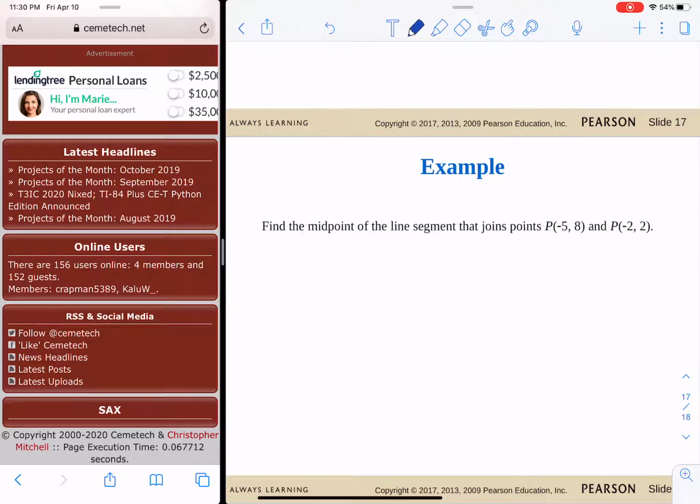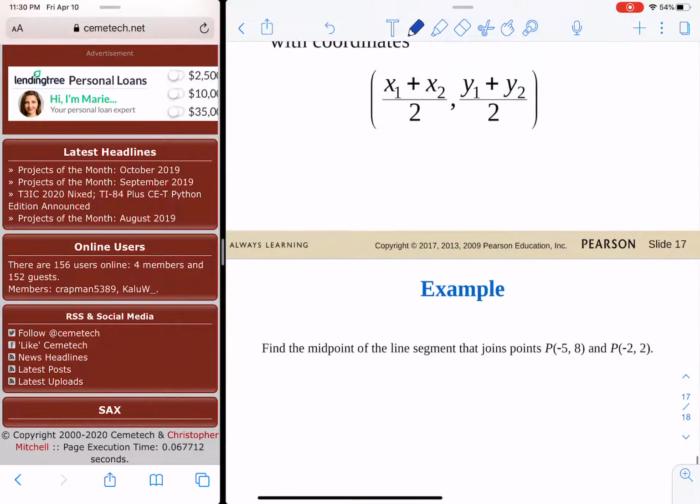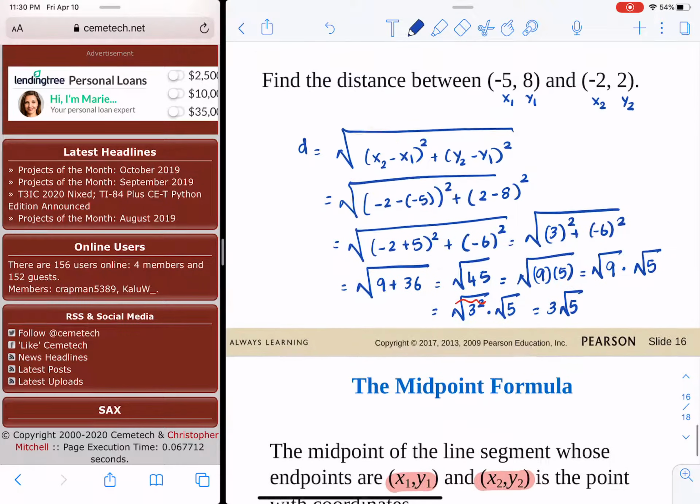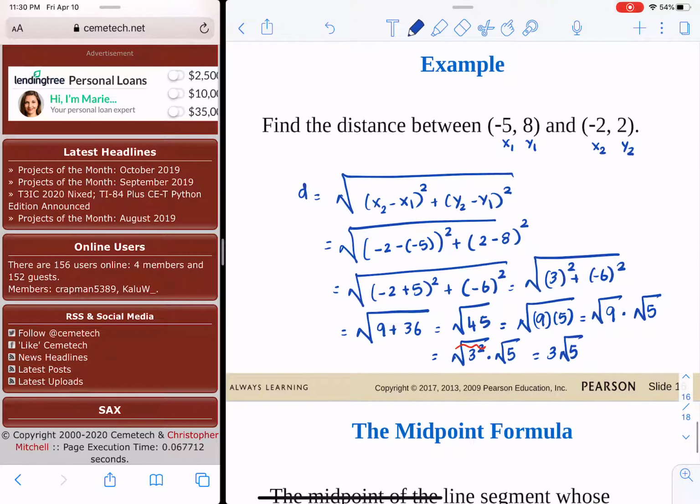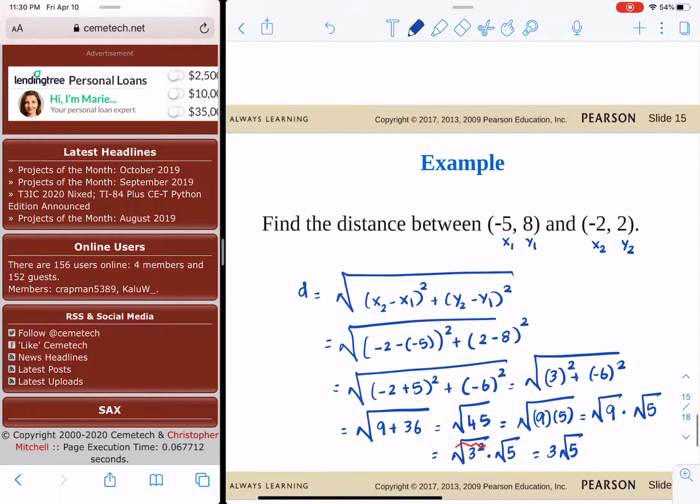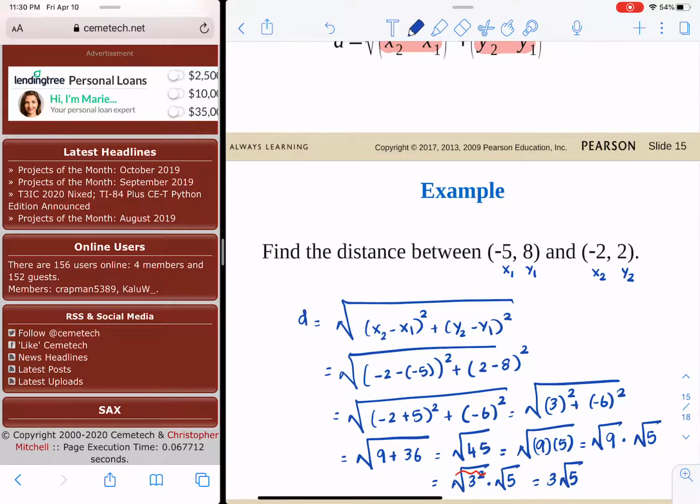So here, let me just graph, so let me make a note with the distance here also. What does it mean to find the distance? So we have a point -2 and 2, which is right over here.